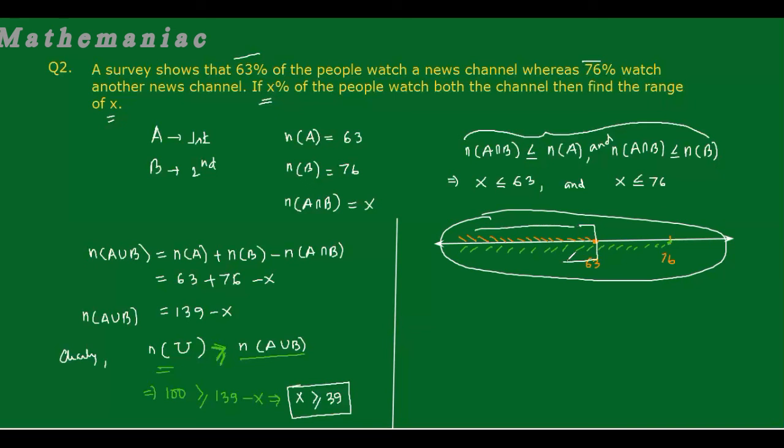Together this implies X is less than or equal to 63. This is the other condition.